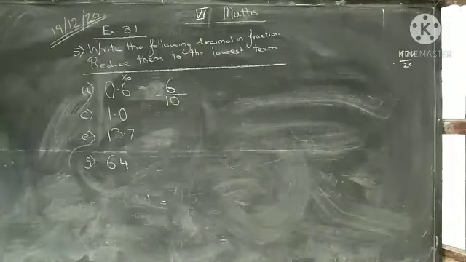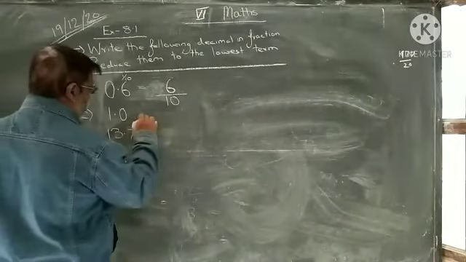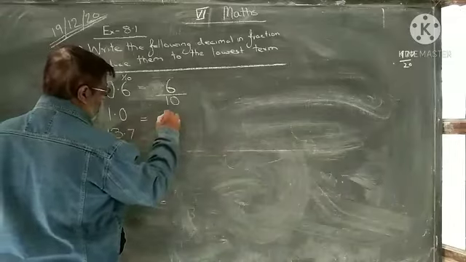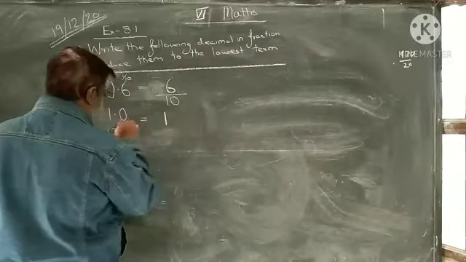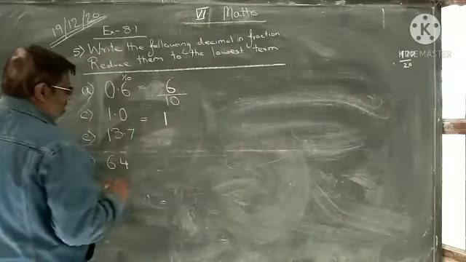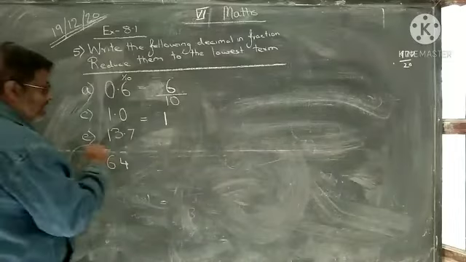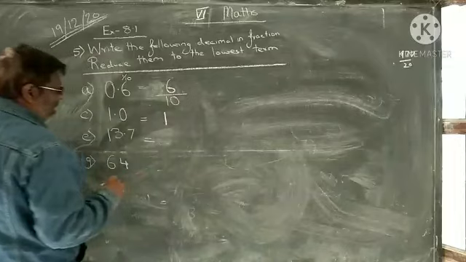And the next one will come as 1 itself, because after 1 there is a point and after that there is 0. There is nothing else you need to write. Simply write 1.